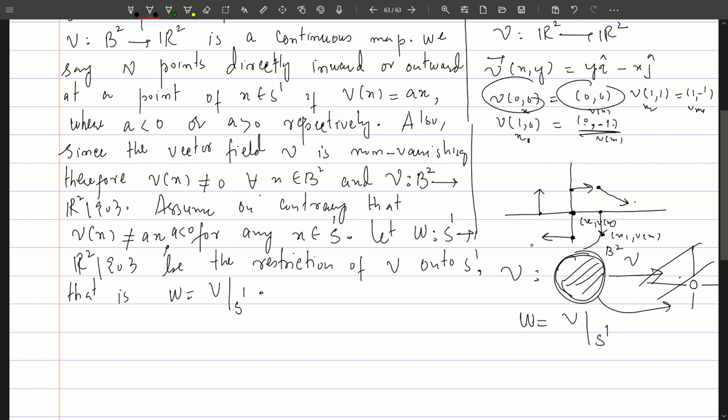Since we can extend this w to the map v, we get that w is null homotopic, because this is what we had done in the previous lecture.